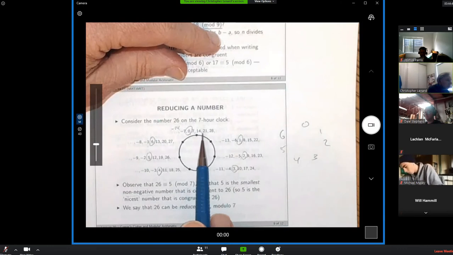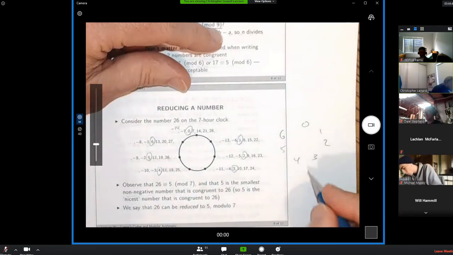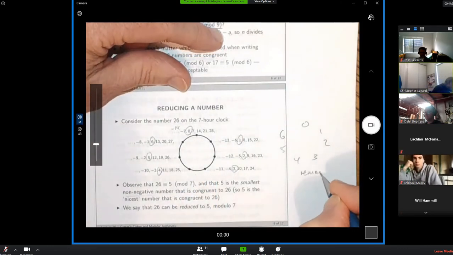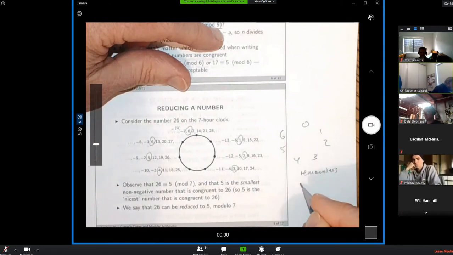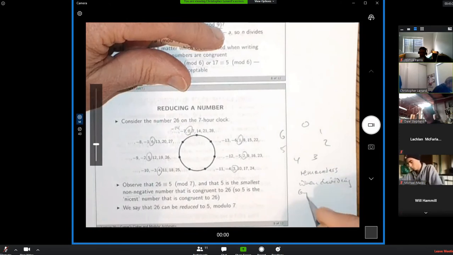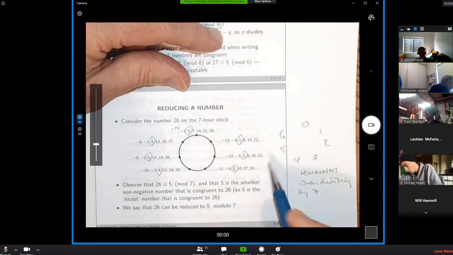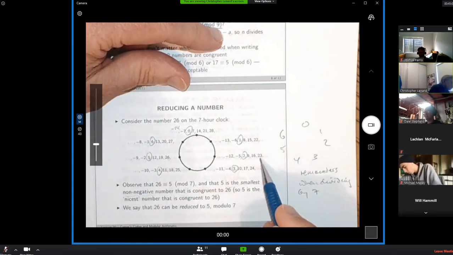Another way of saying that is what I was starting to get at before. We're looking at the remainders. So another way is these are the remainders when dividing by 7. So if I say to you, what's 23 divided by 7?